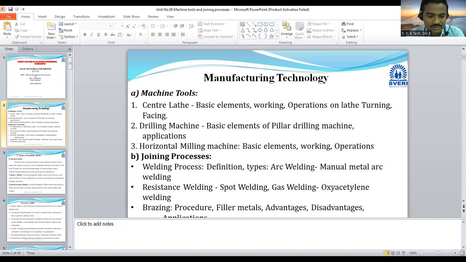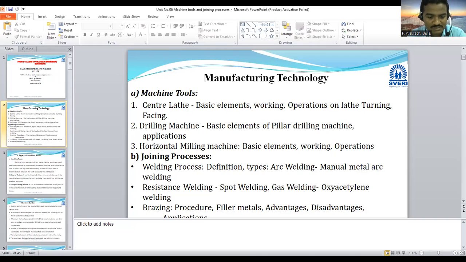And the next joining process is soldering process. So for that, what is soldering process, what is the procedure, then filler metals used, applications, advantages and disadvantages. And the last is riveting and bolting. That part is also removed from our syllabus, but we will cover it as content beyond syllabus at the end of this course.